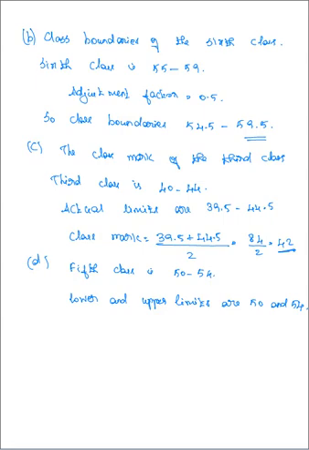They didn't ask actual lower limit and actual upper limit. If they ask actual lower limit and actual upper limit, then we need to subtract the adjustment factor from the lower limit, and we should add the adjustment factor to the upper limit.